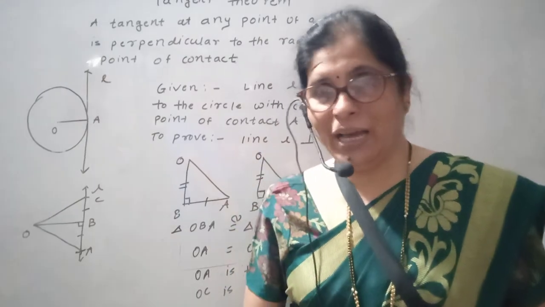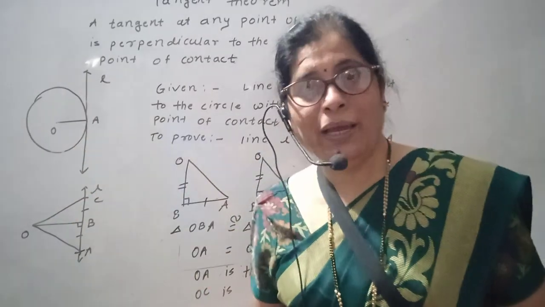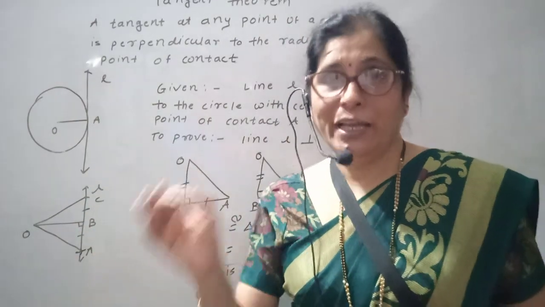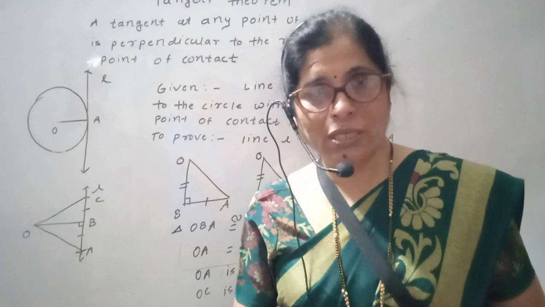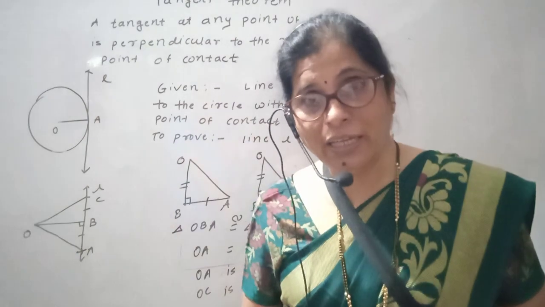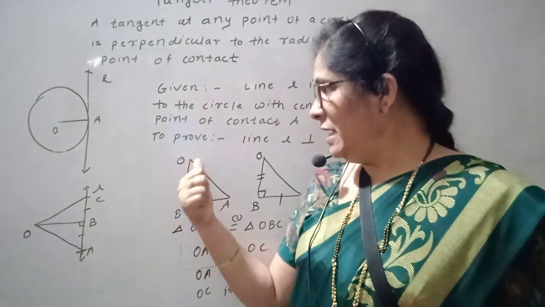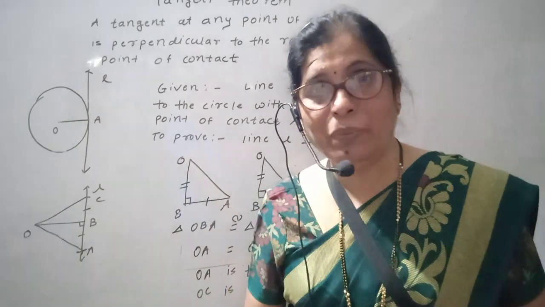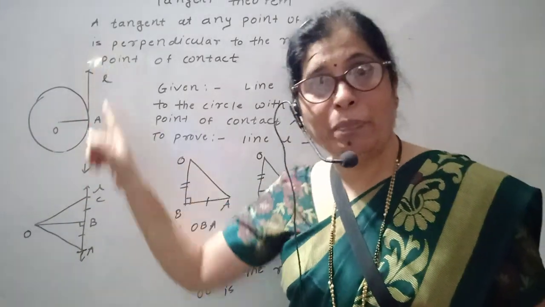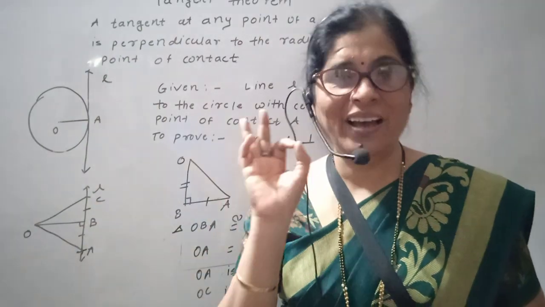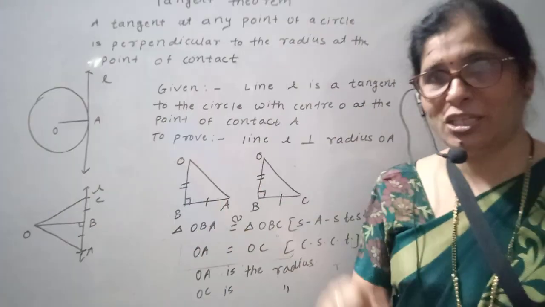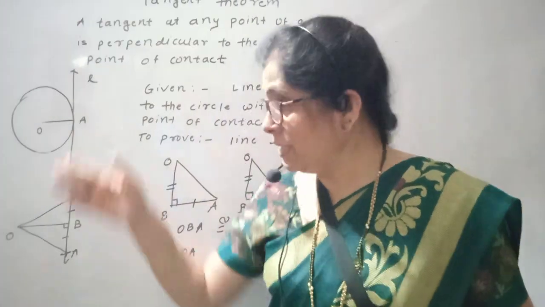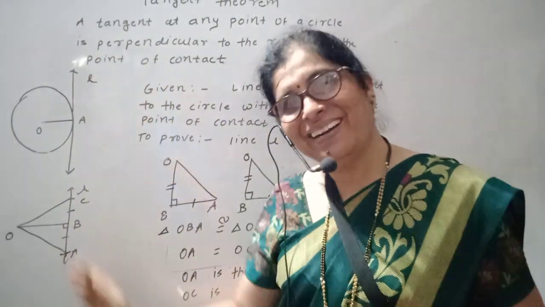To consider that instead of OA another segment is perpendicular to the line L is a totally wrong assumption. So what is the right statement? OA is perpendicular to L is the right statement. Hence it is proved that the radius drawn from the point of contact is perpendicular to the tangent.